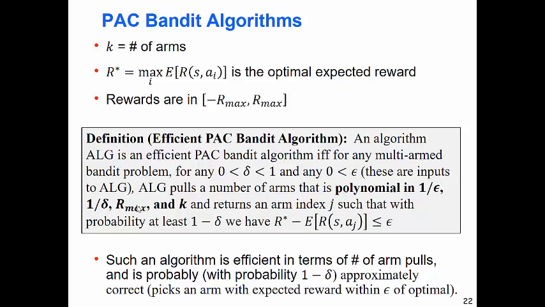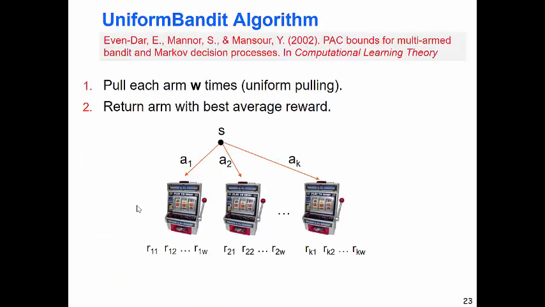So that's pretty simple. And this is a paper that talks about PAC bounds for multi-arm bandit problems and MDPs, but the multi-arm bandit is really the biggest thing here. The most basic algorithm, the starting point, is this uniform bandit algorithm: pull each arm W times and return the arm with the best average reward. This is a completely unsurprising algorithm, not very interesting.